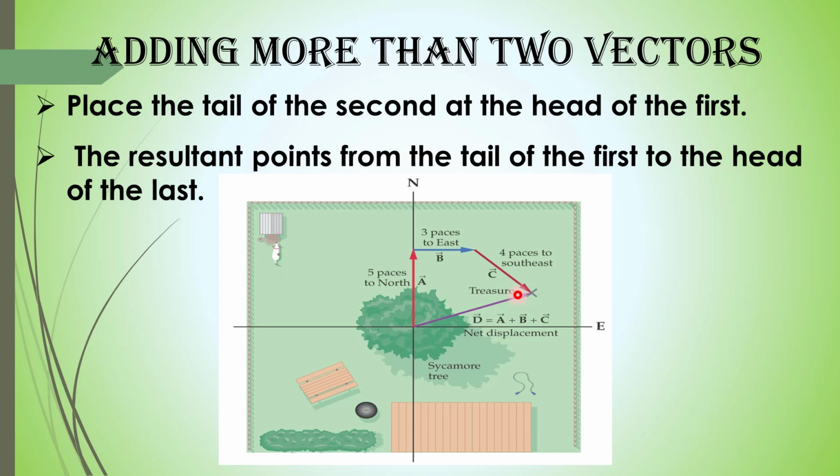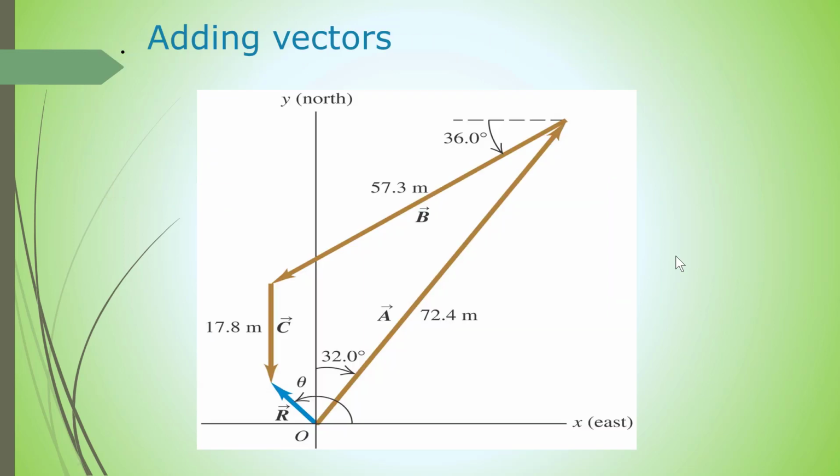So we can add any number of vectors by using head to tail rule, simply by placing tail of the next vector with the head of the previous one. Okay, so this is simply the head to tail rule of vector addition.